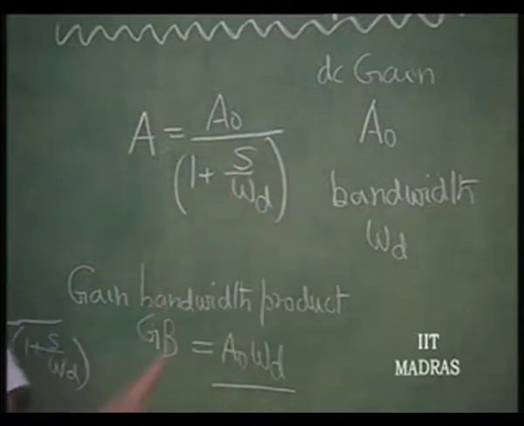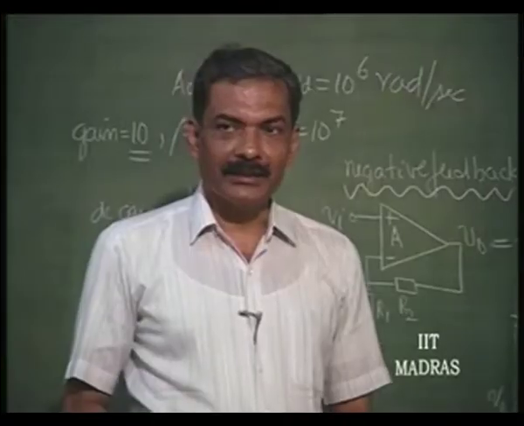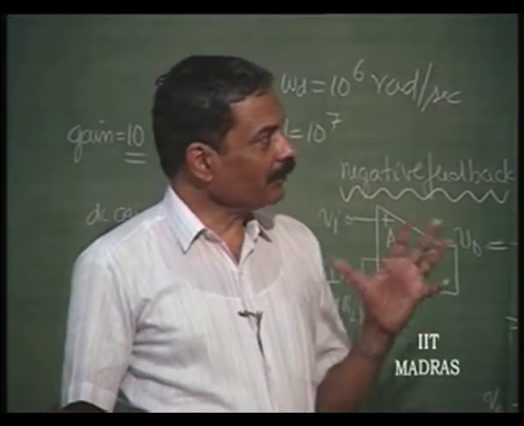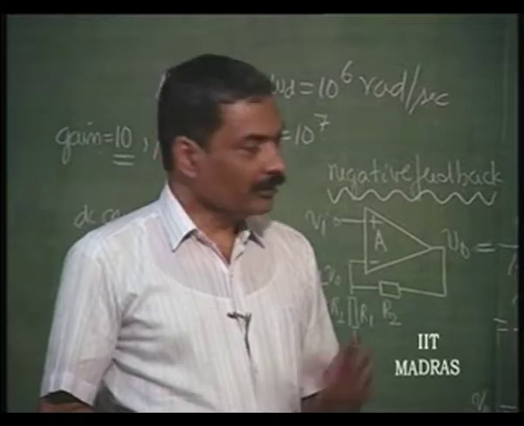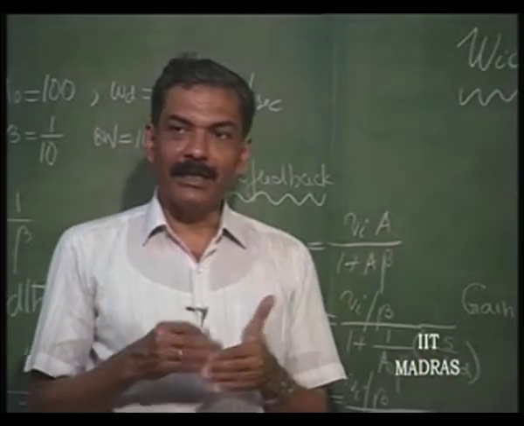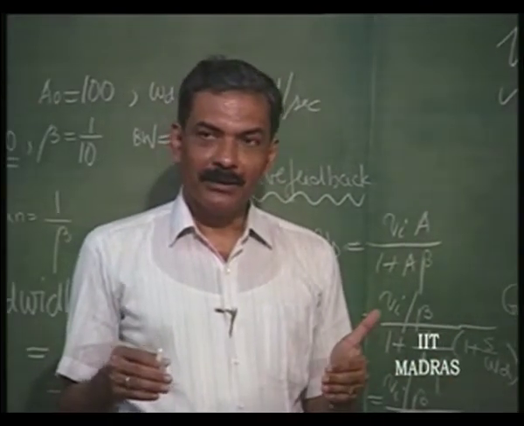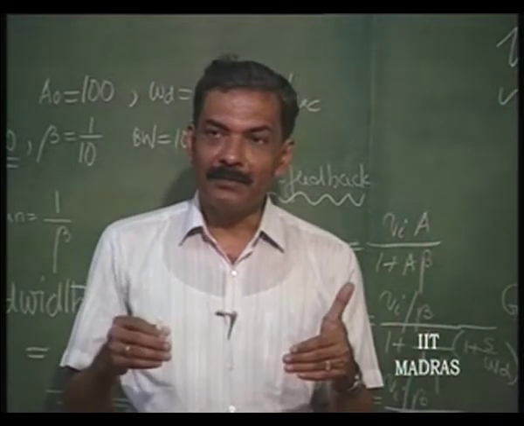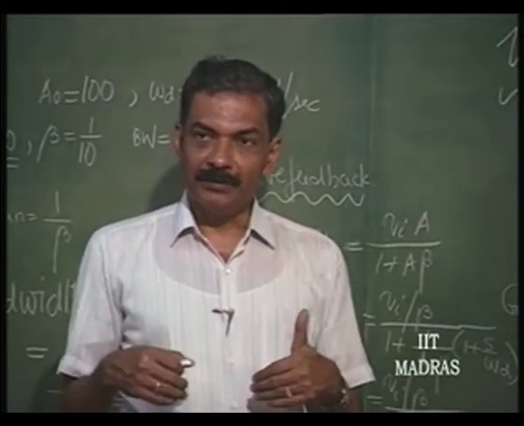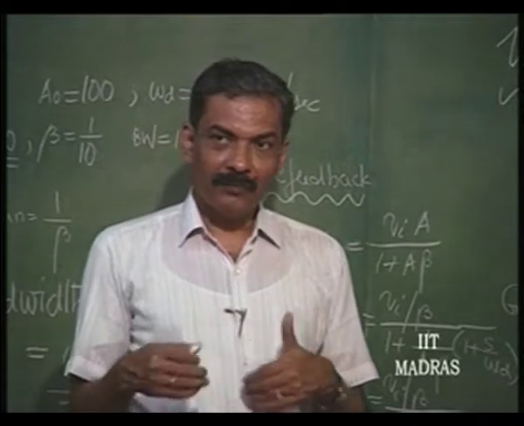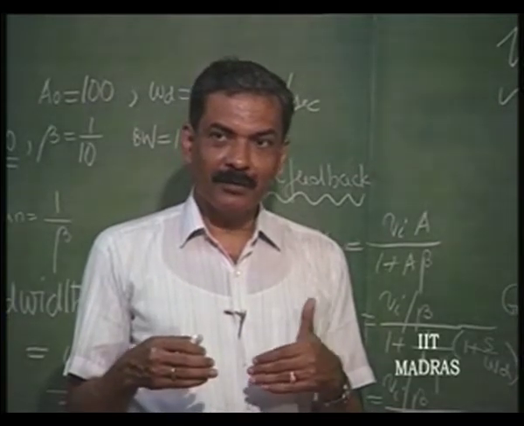So, this kind of compensation we can demonstrate by giving an example. My purpose now is to make the circuit work for the widest bandwidth possible, so I am designing a wideband amplifier using negative feedback. What kind of compensation is suited?